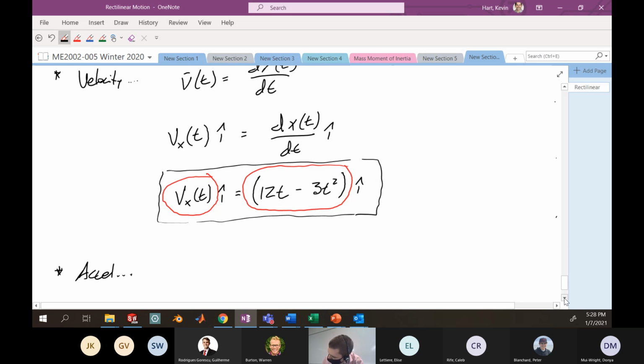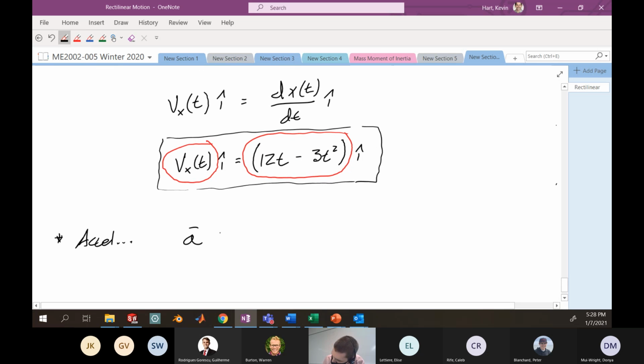My acceleration is the derivative of my velocity.